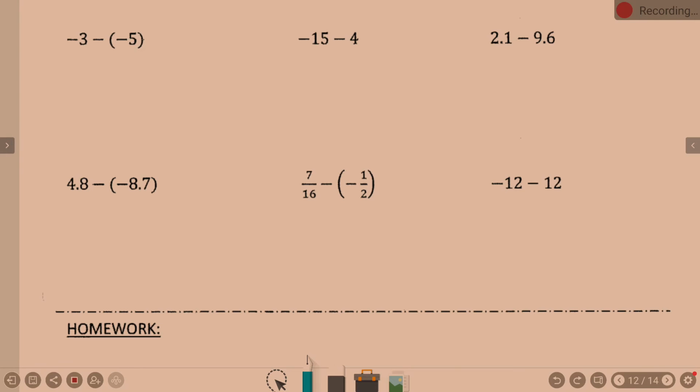So the idea is when I'm subtracting with negatives involved, keep says we're going to keep -3. Okay? So that's the keep or keep it. Change or change it. What are we changing a minus to? We're changing a subtraction sign to an addition sign.